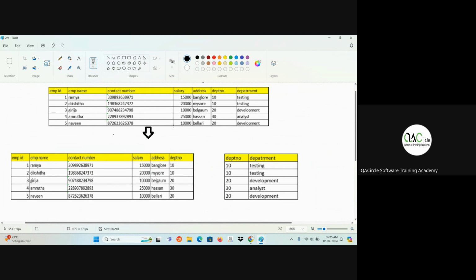It is nothing but the values of non-primary key attributes derived by another non-primary key attributes.